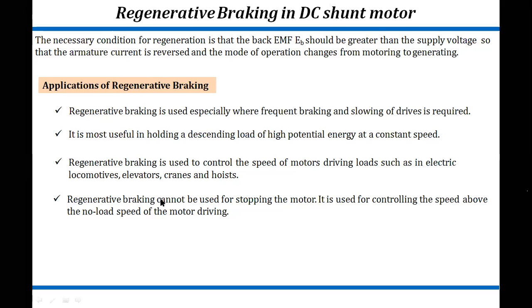So regenerative braking cannot be used for stopping the motor, but it allows us to control the speed, keeping it not above the no load speed of the DC motor driving, and regenerative braking will convert a dangerous speed into a safe speed mode. So here we have finished our third unit, that is the DC machines.